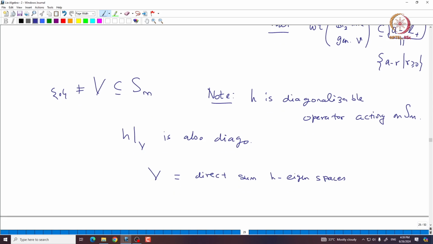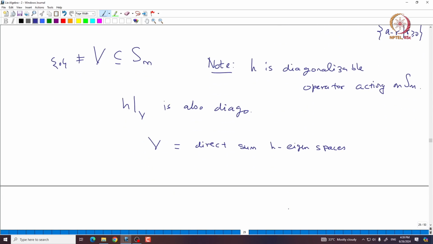Since H has eigenvalues coming from m, m minus 2, and so on, down to minus m plus 2, minus m, this will be called a string of H weights. This is indeed a string because it is unbroken and starts from m and goes all the way to minus m.